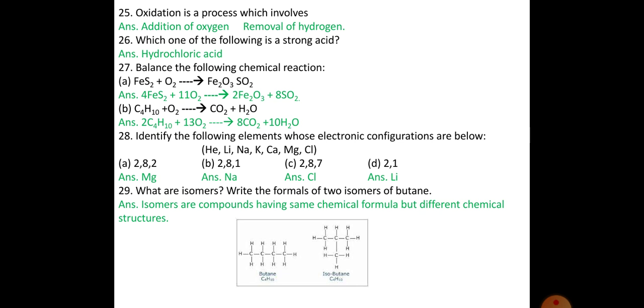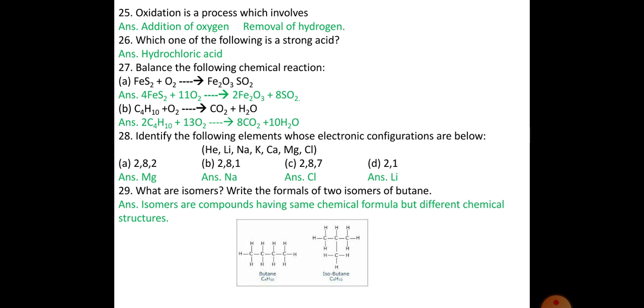Now balancing the equation. The first one is FeS2 plus O2 will give Fe2O3 plus SO2. But after balancing, it will be 4FeS2 plus 11O2 will give 2Fe2O3 plus 8SO2.